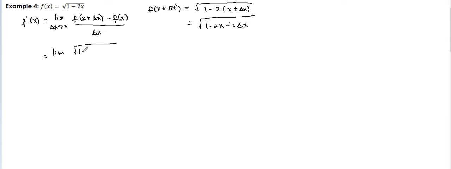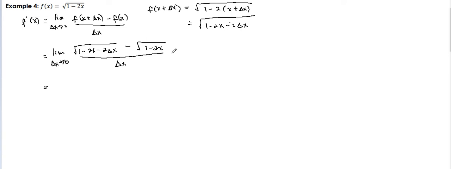So we have the limit of square root of 1 minus 2x minus 2 delta x minus our original function, which is square root of 1 minus 2x, all over delta x as delta x approaches 0. Okay, so as you can see, meron ulit tayong radical number. So again, we are going to use the conjugate pair.